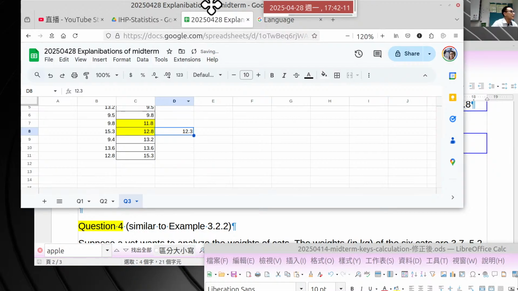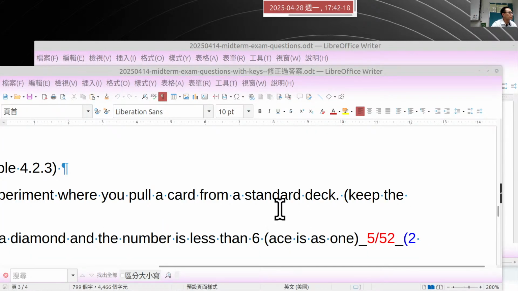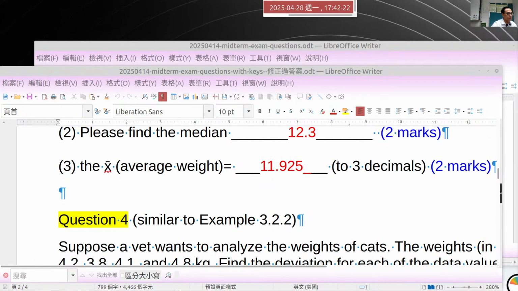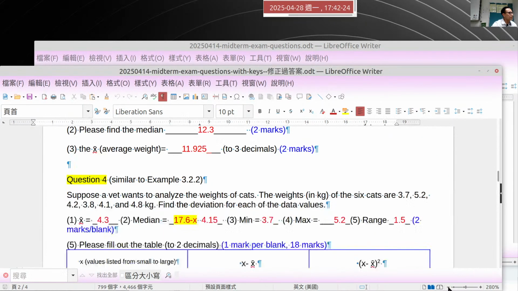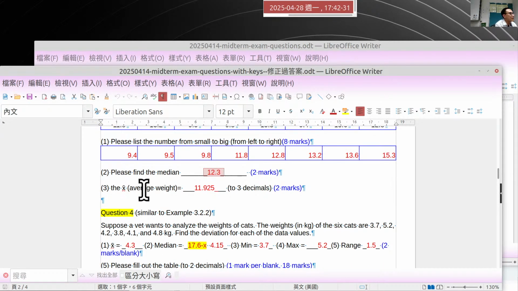Is it okay? Thus, the median here is 12.3.